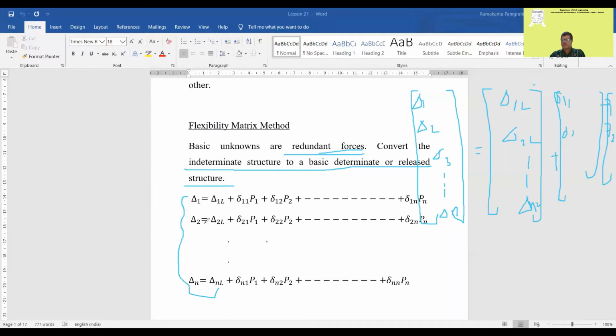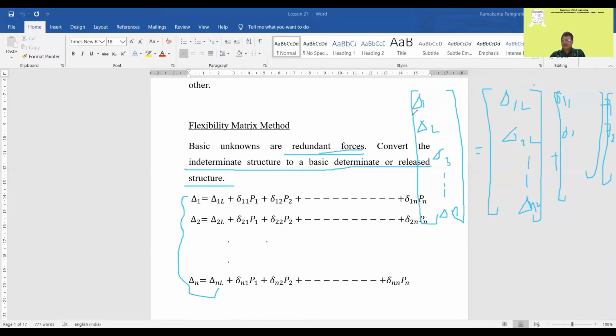Similar things we have discussed in the case of the stiffness method. If you find n number of simultaneous equations, then n number of unknowns can be found out. Or if you do the matrix inverse, then you can also find the values of the unknowns, P1, P2, by inverting this matrix.